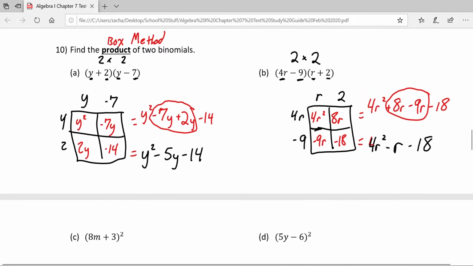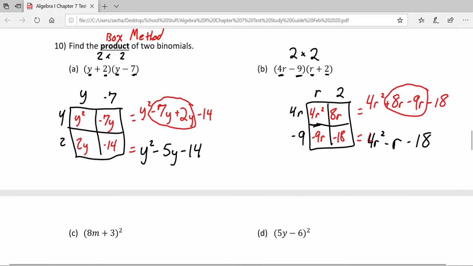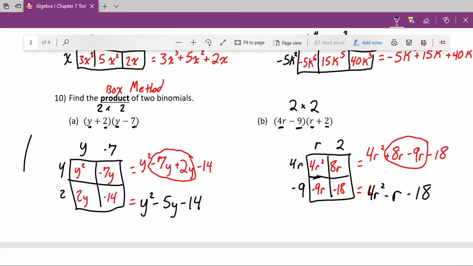Now, I just want to remind you of the instructions for 10 real quick, because directions are important. It is to find the product, which means multiplication, and using box method of the two binomials.